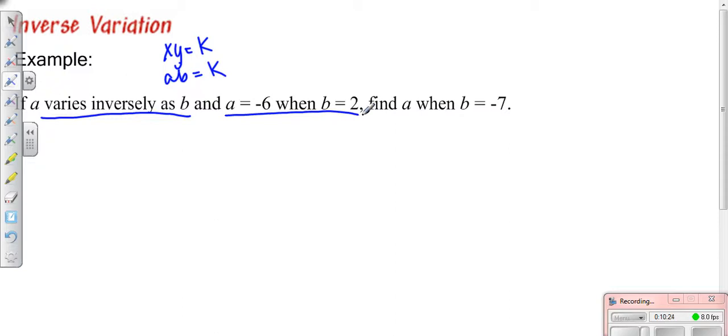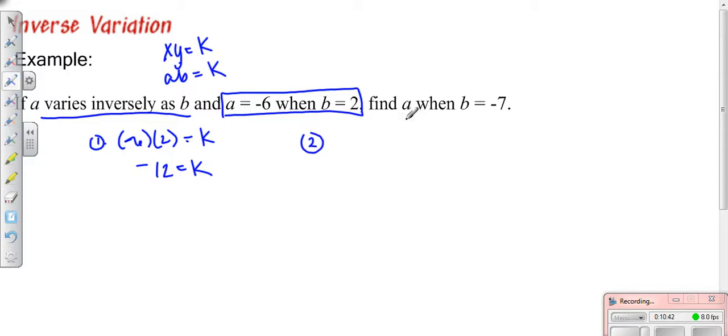Here's my set of values. So step 1 is to find k always. So -6 times 2 equals k. So -12 is k. We take that value and say find A when B is this.